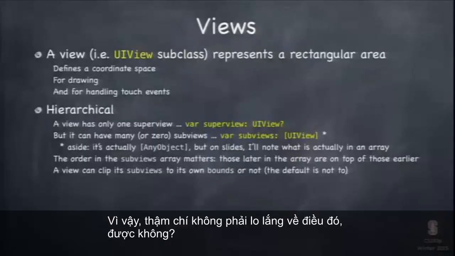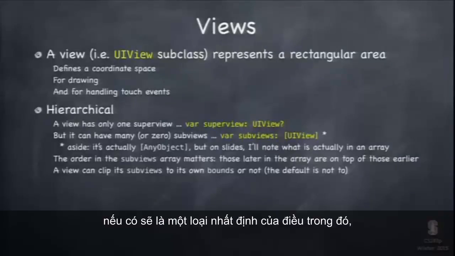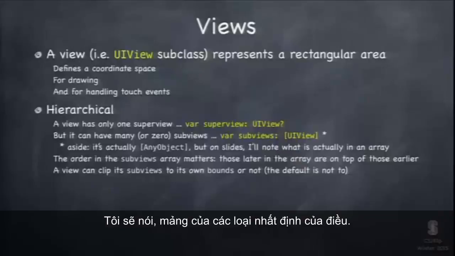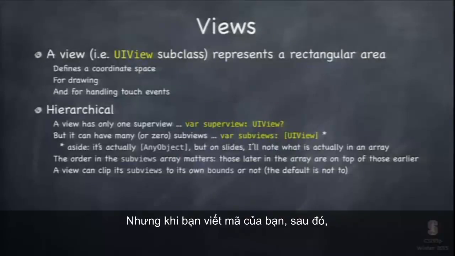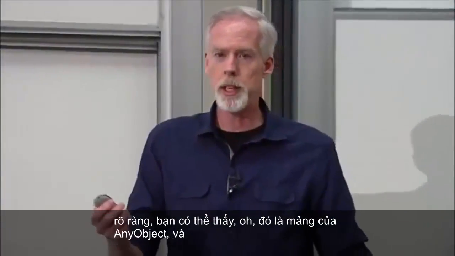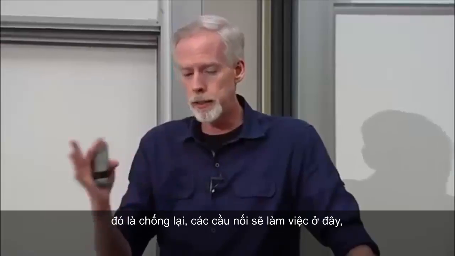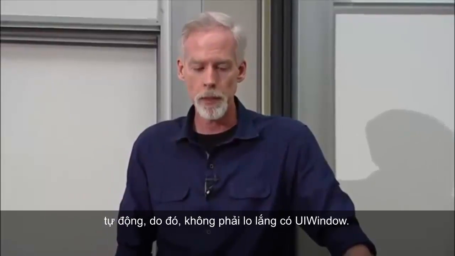So don't even worry about that. Okay? And usually in this class on the slides, if something's an array of AnyObject, if there's going to be a certain kind of thing in there, I'll say array of the certain kind of thing. But when you write your code, then obviously you might see, oh, that's array of AnyObject. And that's, again, the bridging will work here automatically, so there's no worries there.